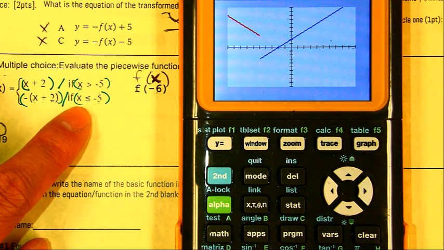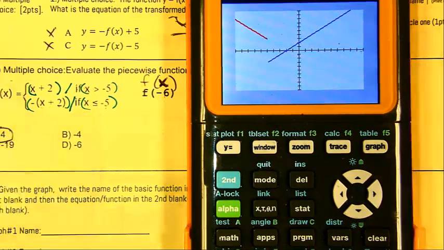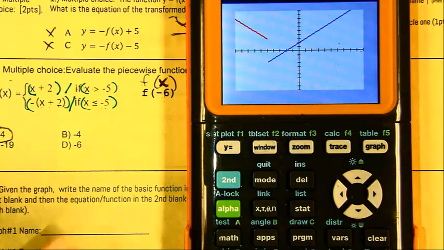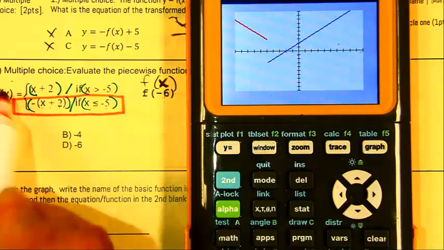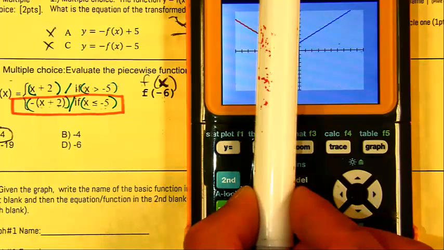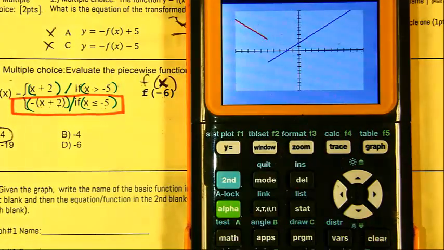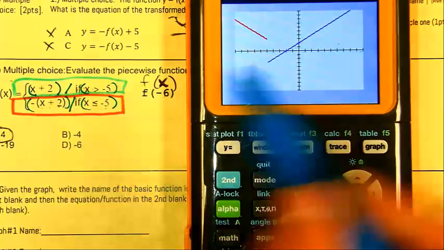So here's a picture of our graph. Let's try to make this super color coded for you. The one that has the negative slope is in red. Notice how that's x values that are less than -5 going that direction. And the one that has positive slope is the blue one.